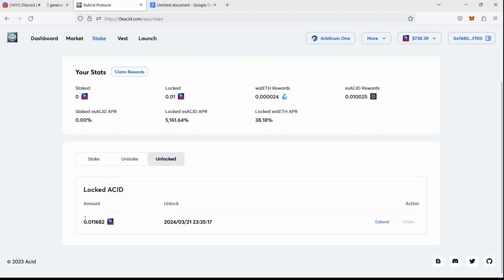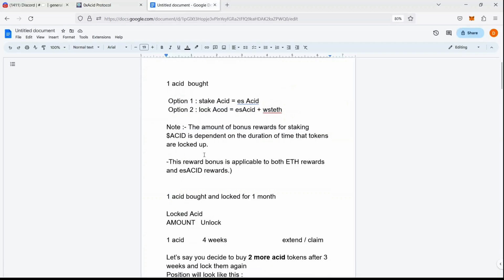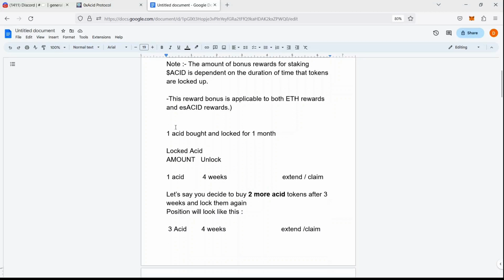So you can't have two positions. You will not see a different position under that. If you are going to buy and lock again, both positions will be combined to the latest duration you have decided to lock with. So I'm going to give you an example here.